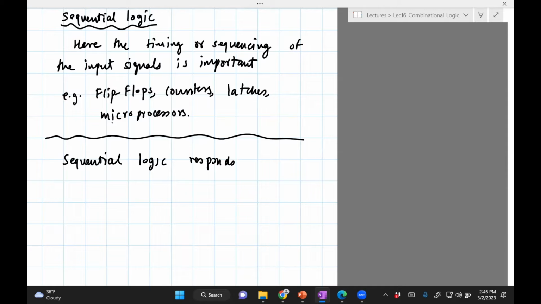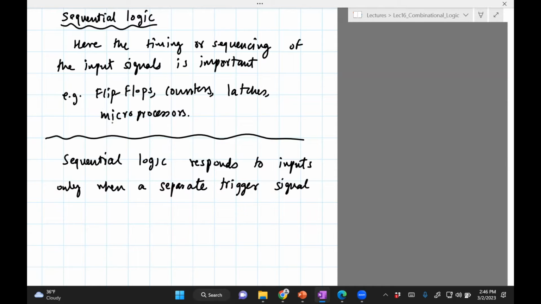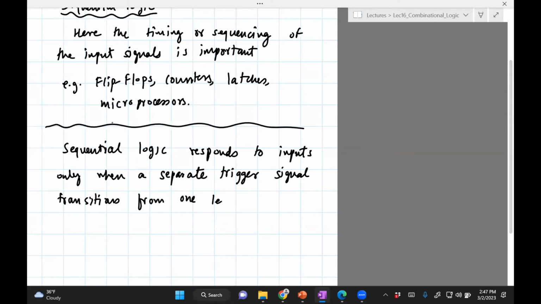It responds to inputs only when a separate trigger signal transitions from one level to another.